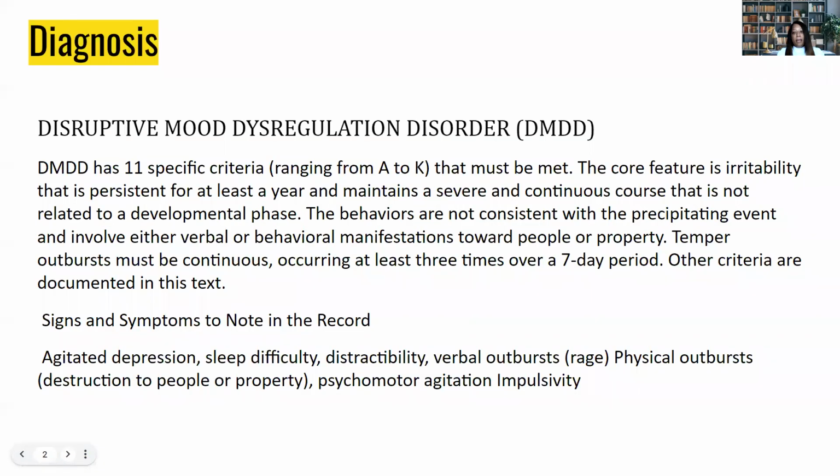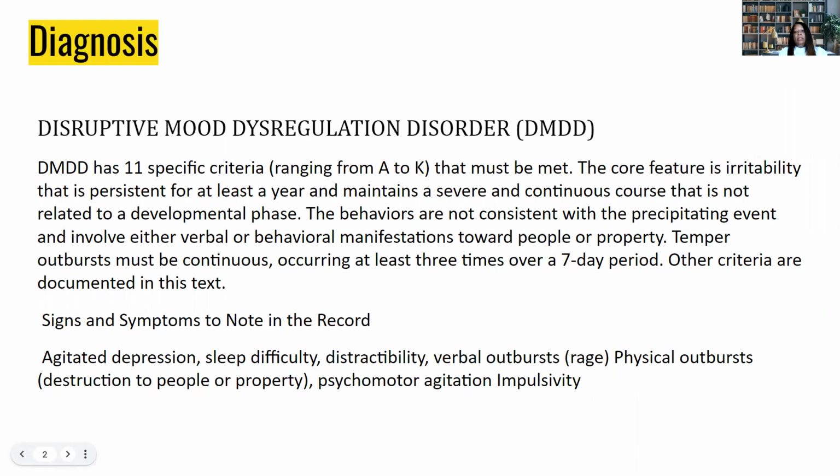So he comes back after several meetings with the therapist. They finally give him a diagnosis, and the diagnosis is disruptive mood dysregulation disorder, DMDD, and it has 11 specific criteria ranging from A to K that has to be met.